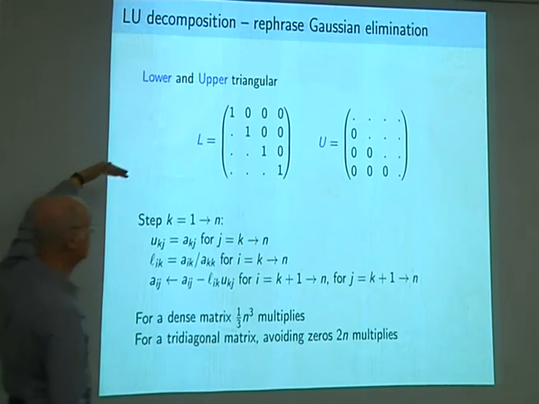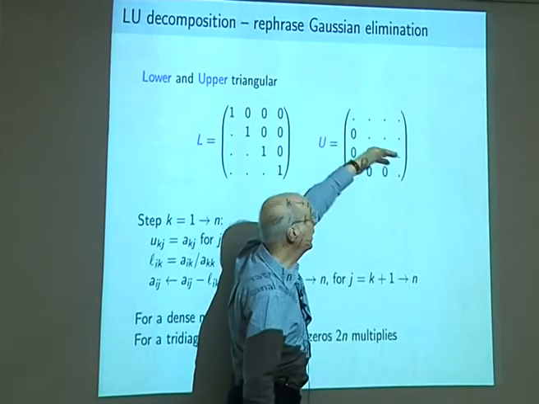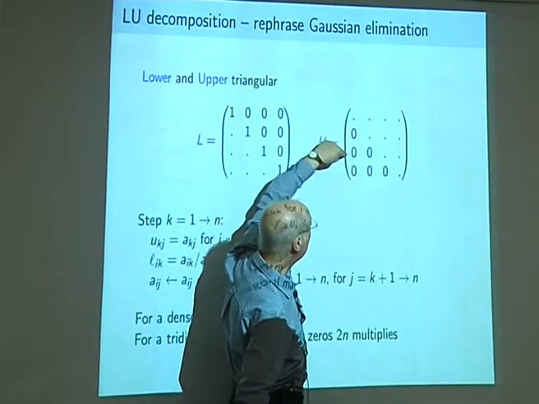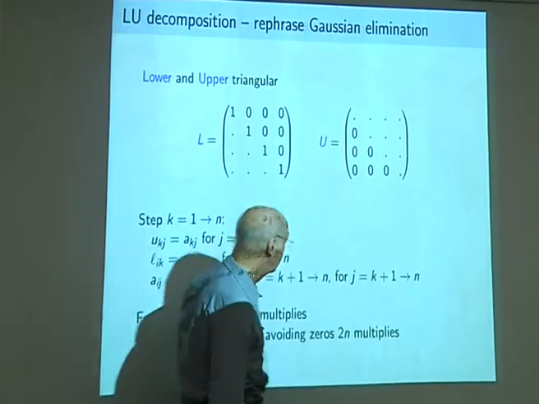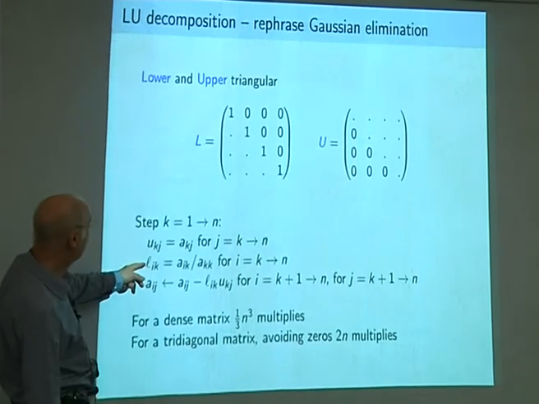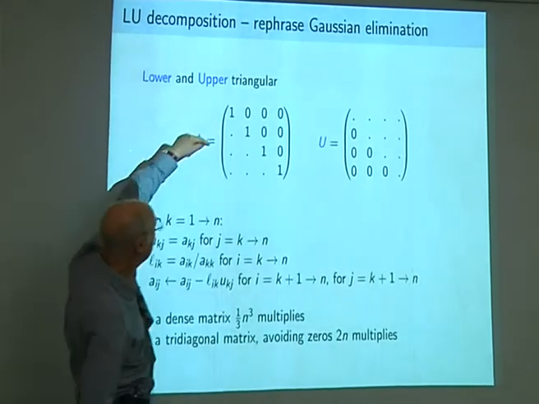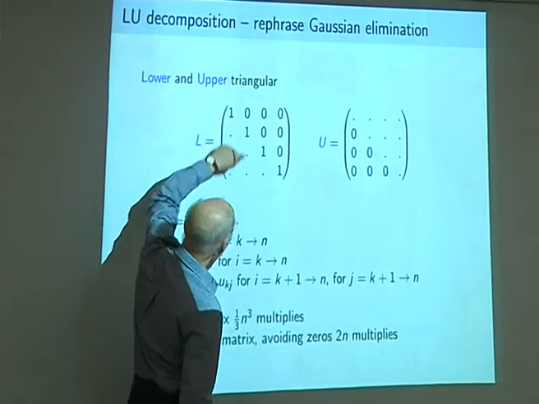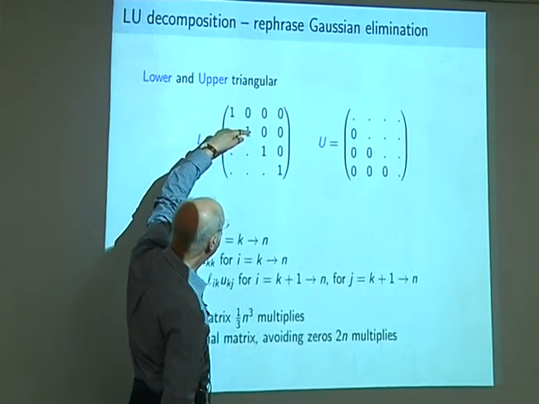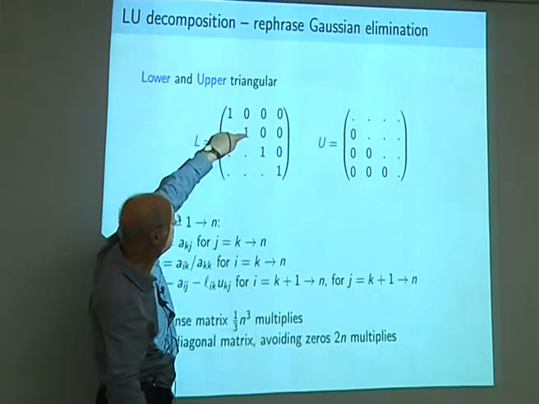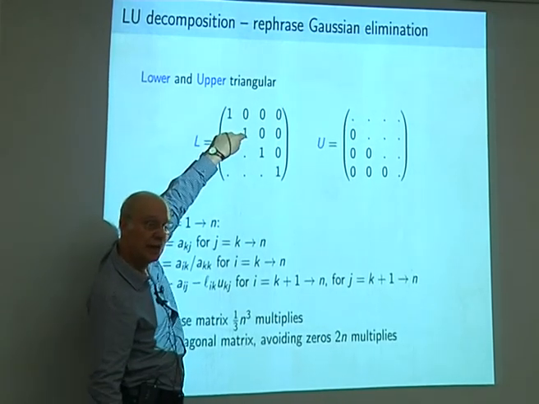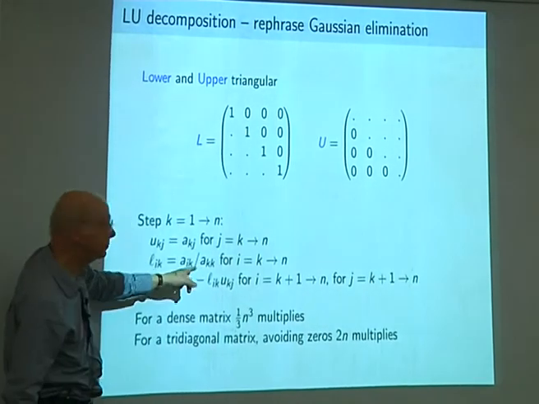So you copy the kth row into the upper, and by the time you arrive there, it will have zeros all the way at the beginning and non-zeros afterwards. For the lower part, you put whatever the coefficient is when you arrive, divided by the coefficient of a_kk.